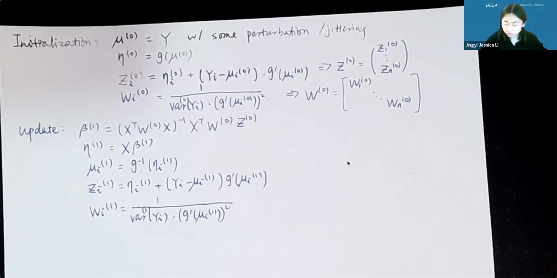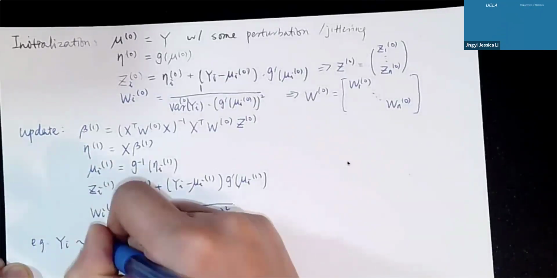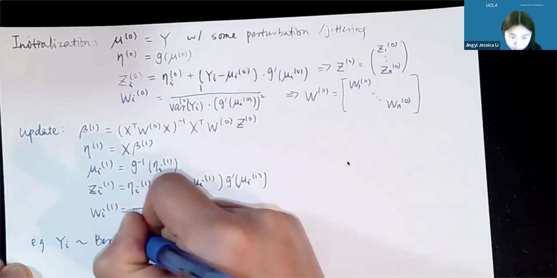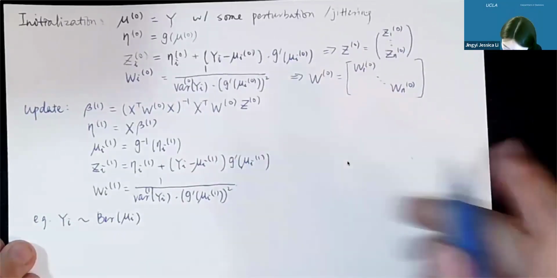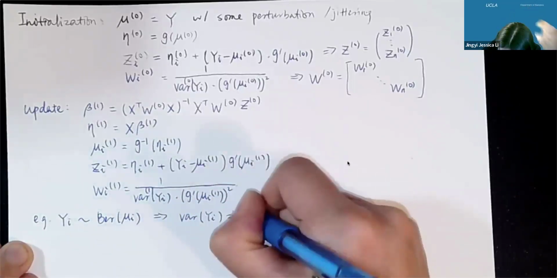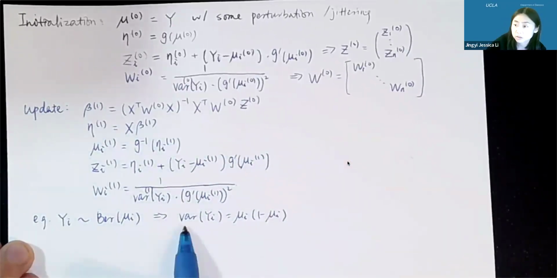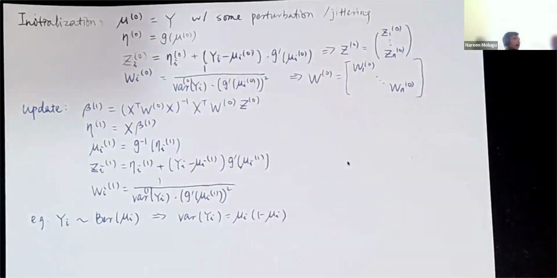Because the variance of yi would involve parameters, and as you update the parameters, you will update the variance. That's the reason. For example, if yi is Bernoulli mu I, because mu I is the mean of yi, then you would have the variance of yi as mu I times 1 minus mu I. So therefore, if you update your mu I, you will update this variance. Yeah. Thank you.